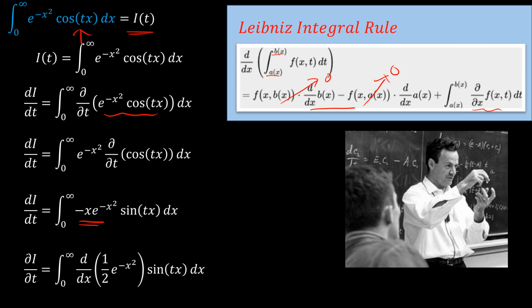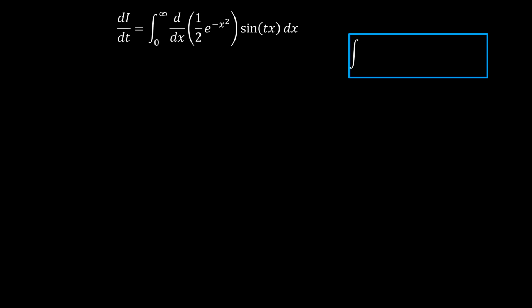And here we can go ahead and use integration by parts to solve this. What is integration by parts? Integration by parts says that if you have a product of a function v and a derivative of a function u, if you integrate that product, then the answer is uv minus the product of function u and the derivative of function v.